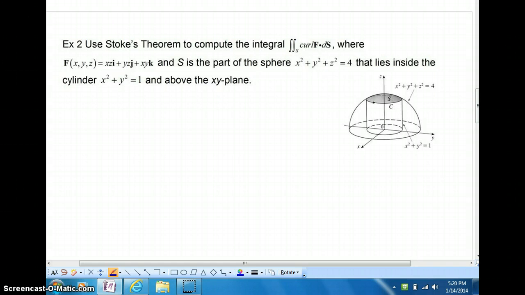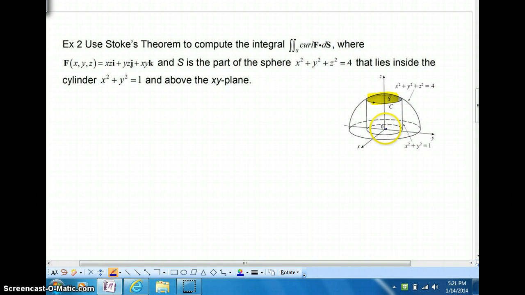What you would have to do is realize that you are finding a surface integral on this part of the sphere, and really we're not going to have a full sphere, quite a bit less.